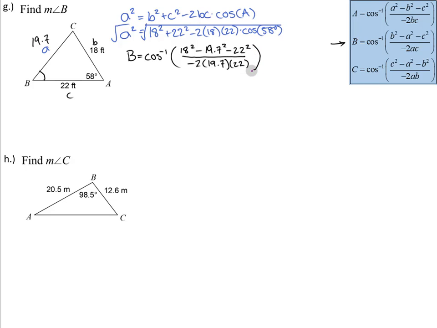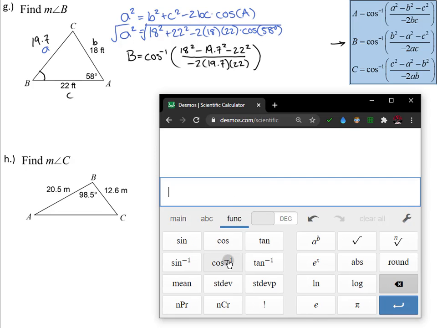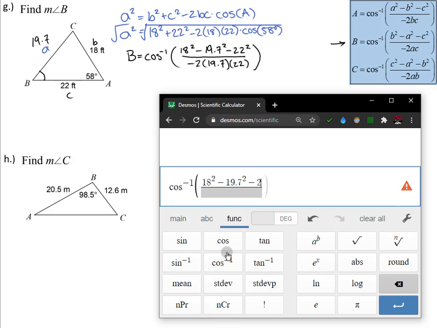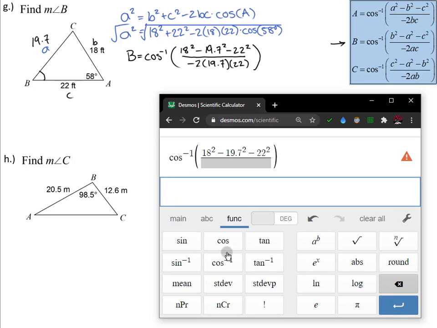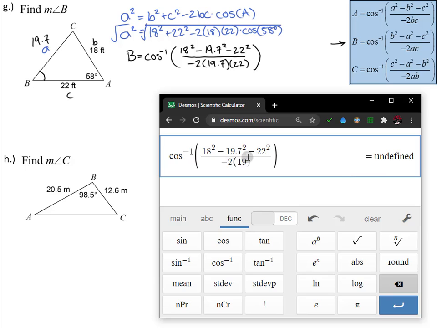So I need to do the inverse cosine of all of that. In Desmos, your inverse cosine is under function again. So inverse cosine, press / for your fraction, 18 squared minus 19.7 squared minus 22 squared, all over negative 2 times 19.7 times 22.